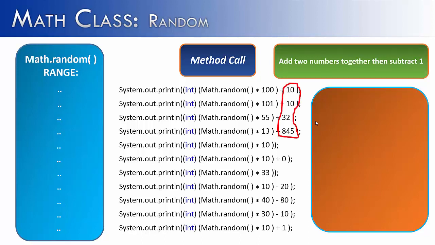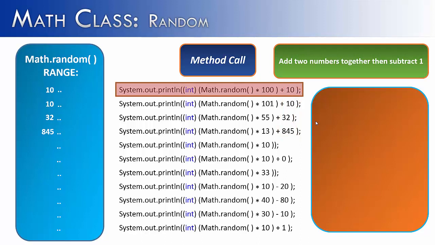But before we do that, we can already put some values over here inside of our range. We know that the numbers on the right here are all minimums. 10, 10, 32, and 845 are the lower bound of our ranges. The only value that we have to find using math is the upper bound, or the maximum.